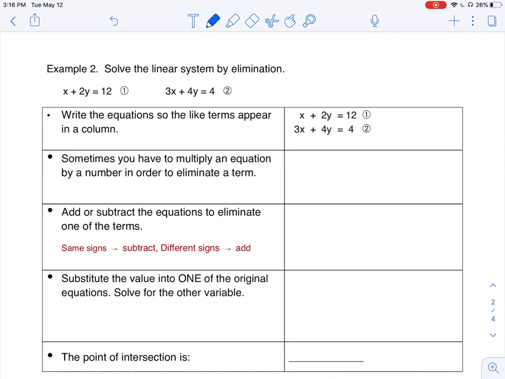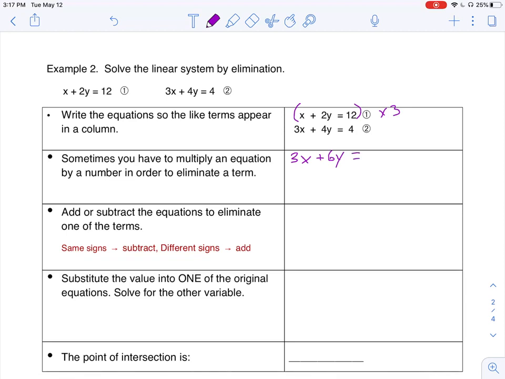So I'm going to take my first equation there and I'm going to multiply it by 3. So if I take that first equation and I multiply it by 3, everything in this equation is multiplied by 3. So 3 times x gives me 3x. 3 times positive 2y gives me positive 6y.